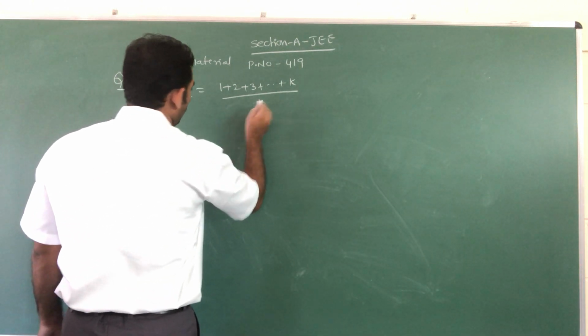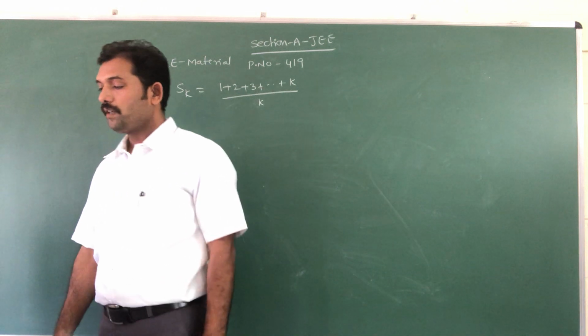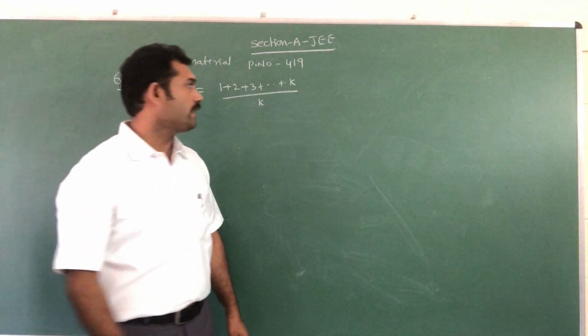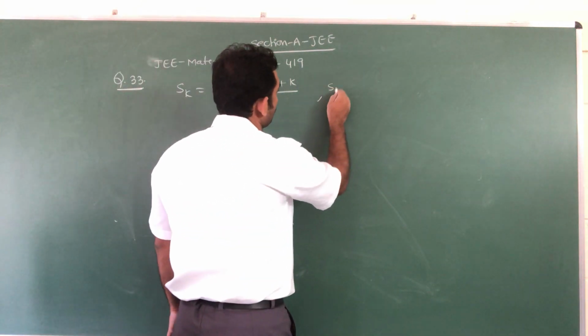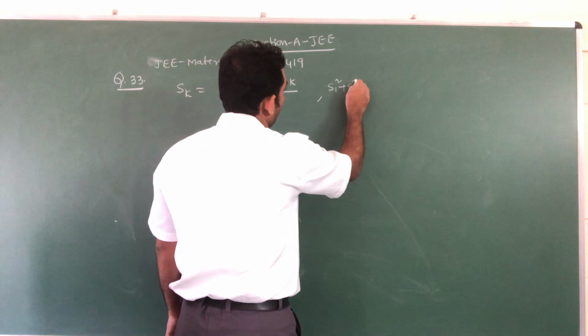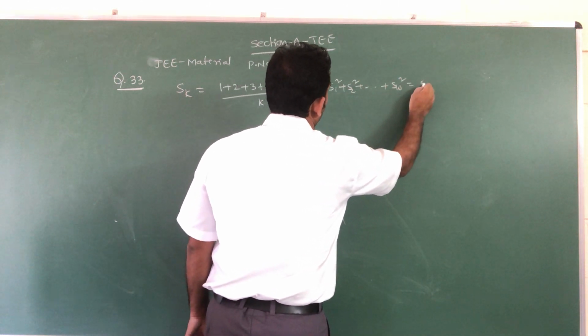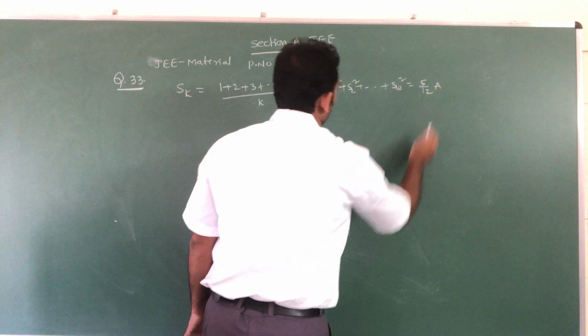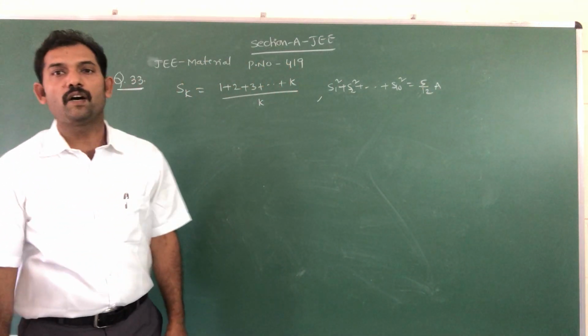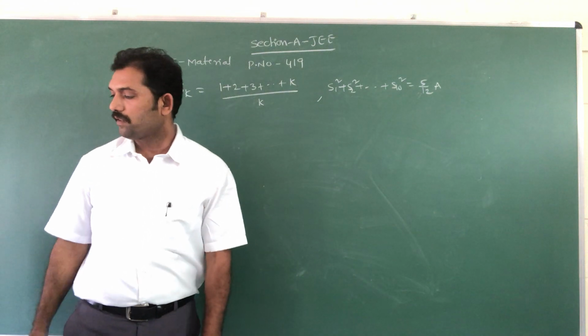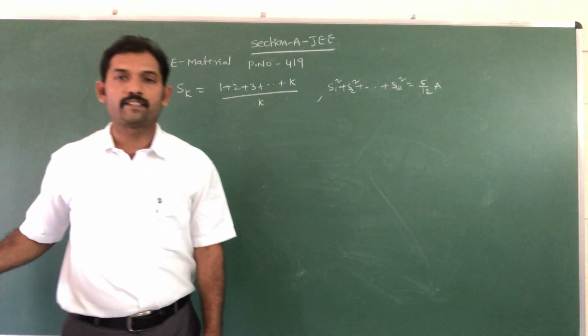You are going to simplify: if S1 square plus S2 square plus and so on S10 square is equal to 5 by 12 into A, what is the value of A they are asking.